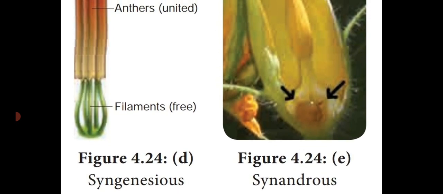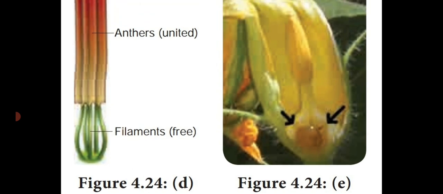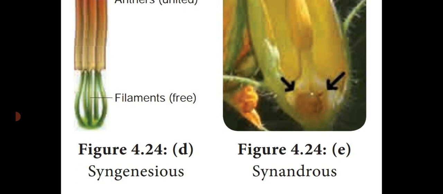Then see the another diagram, it is a synandrous type, that is both filament as well as the anther lobe are fused together. See the arrow mark which is indicating it. It is said to be the synandrous type of stamen.